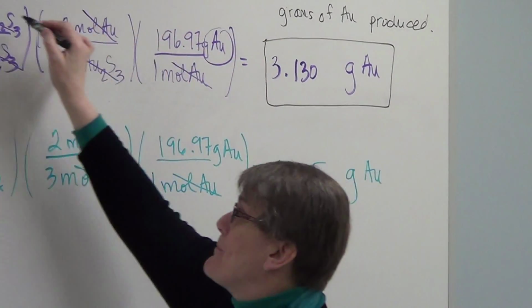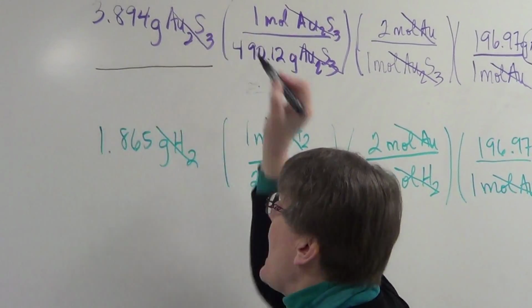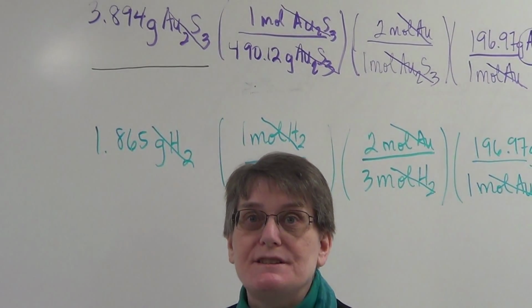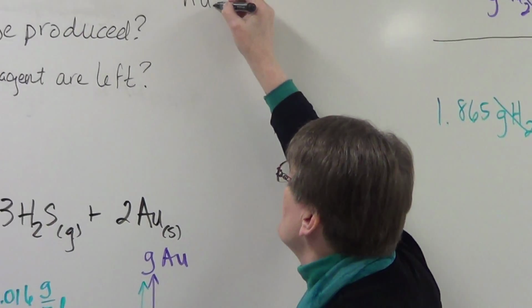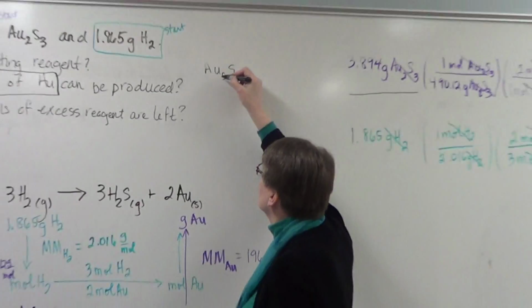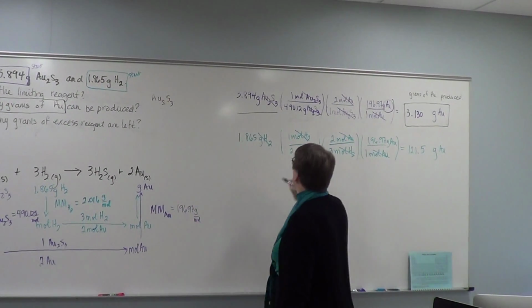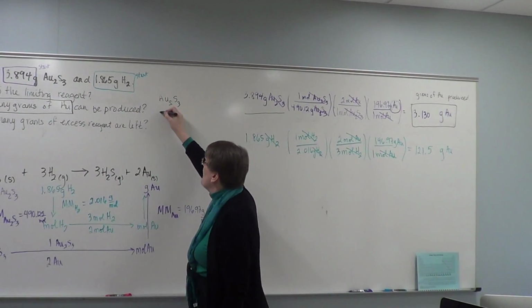And I just track back to the beginning of that, and that compound is my limiting reagent. So I can say my limiting reagent is the gold sulfide, and the grams of gold I can produce is 3.130.